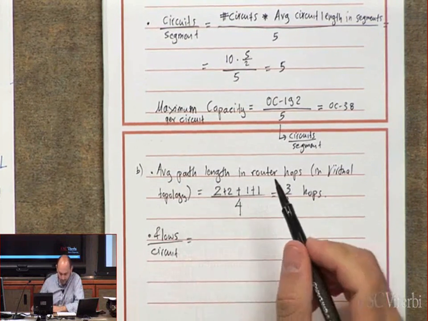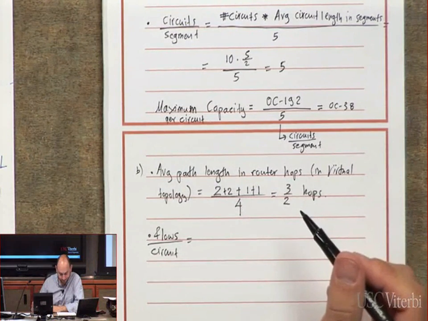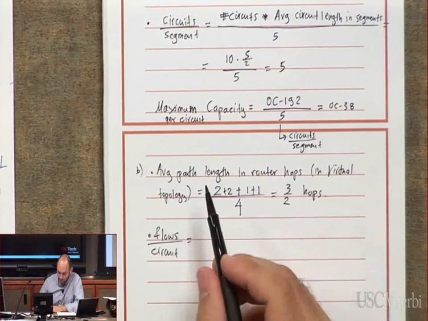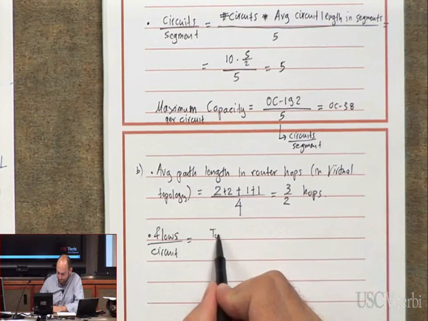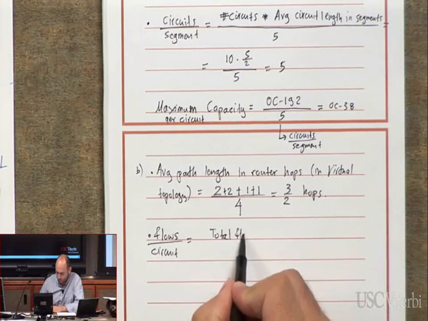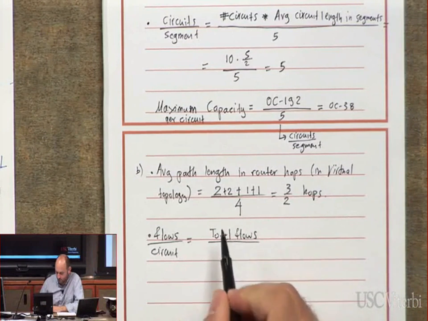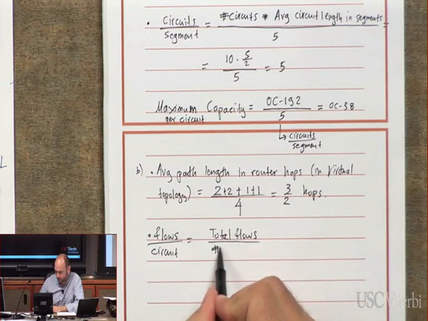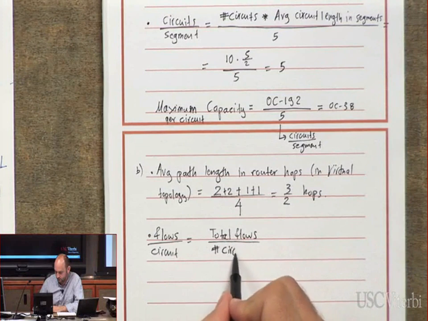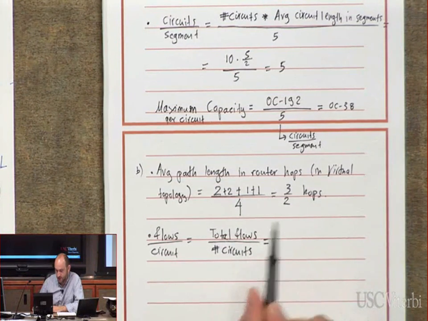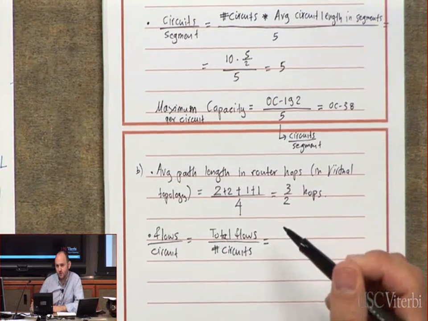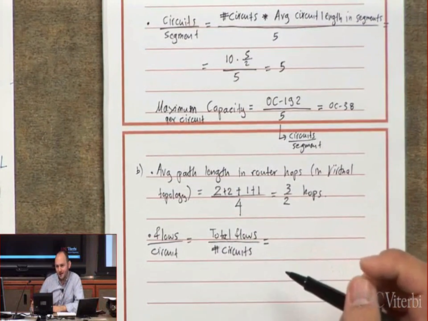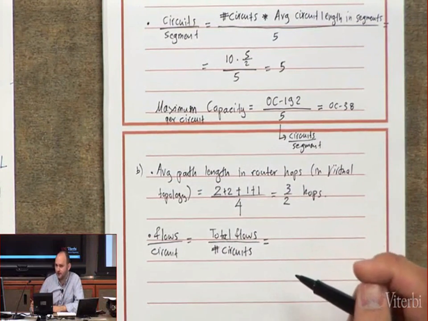is equal to total flows over total circuits. And this is equal to what? You remember this formula for the total number of flows, which relates the path length with the external arrival rate?